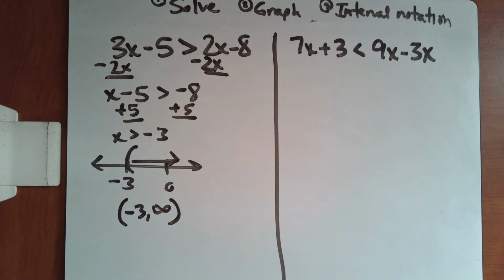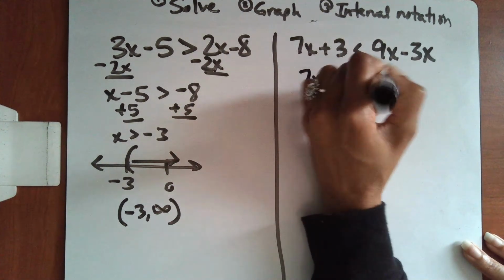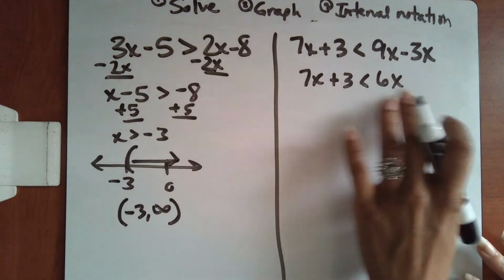So we have to make sure we can solve. Next, we have 7x plus 3 is less than 9x minus 3x. So I have like terms there, so I just combine those. So on this particular problem, I'm going to get my x's together.